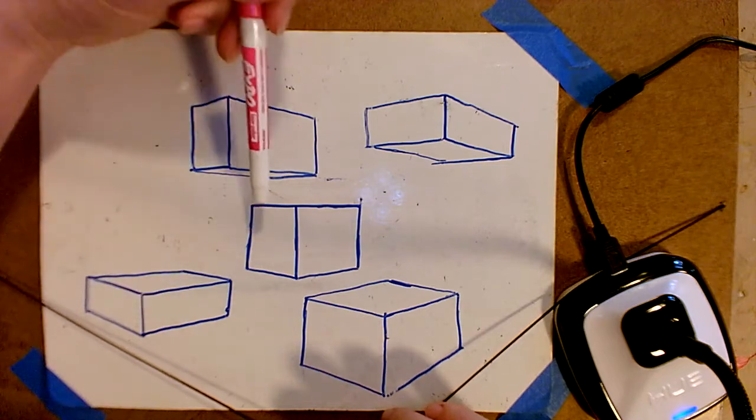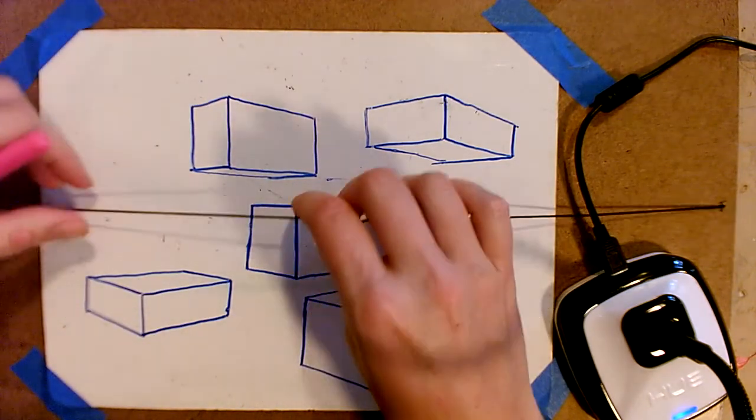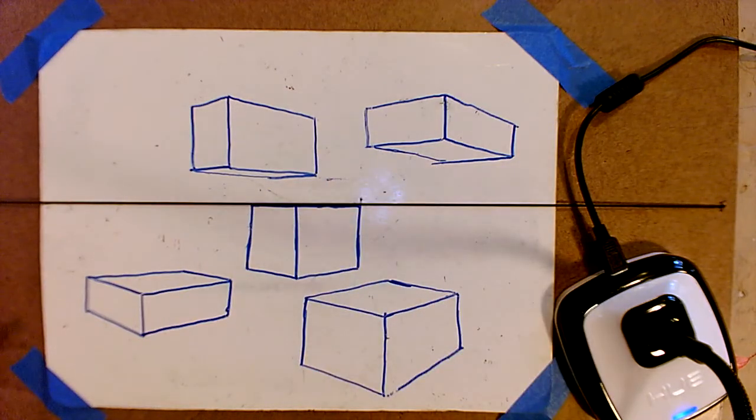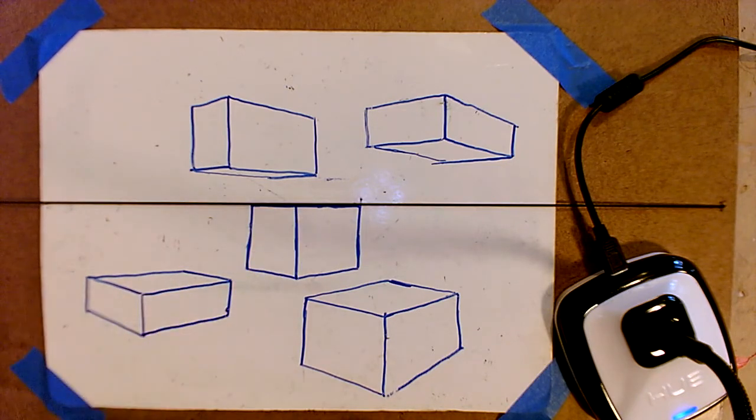If you'll notice, this looks like a continuous line, even though it's not. It is two orthogonals. One is going towards the left, one is going towards the right, but they just happen to line up right along your horizon line. And so things that are exactly at your height will look like a straight line.